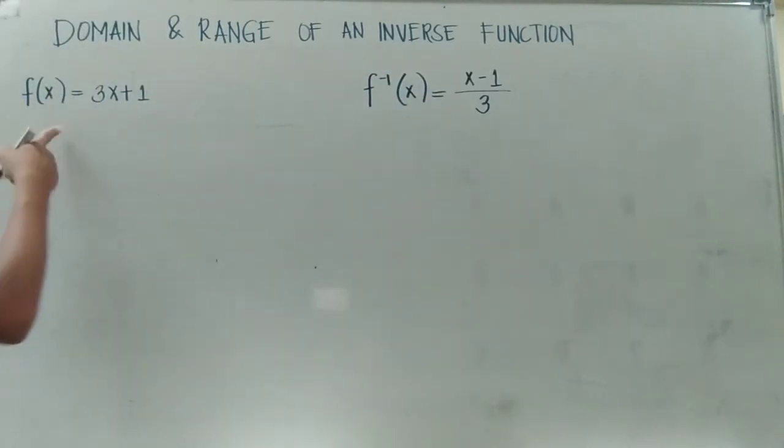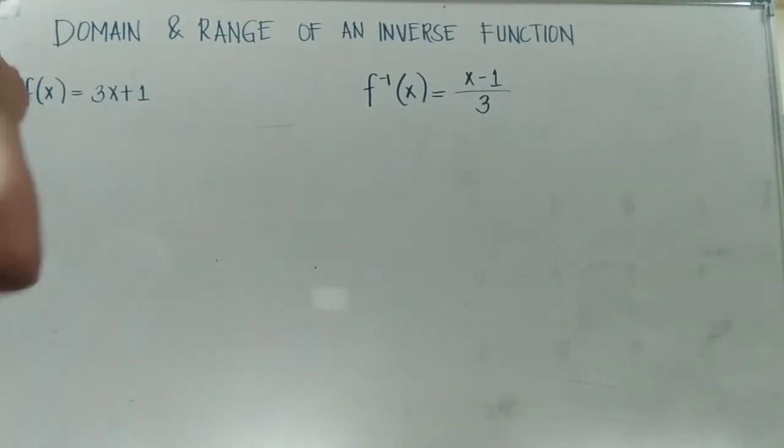Okay, so let us solve for the domain of f of x. Our f of x equals, again, 3x plus 1. In solving the domain, we are just checking the restrictions of the denominator.